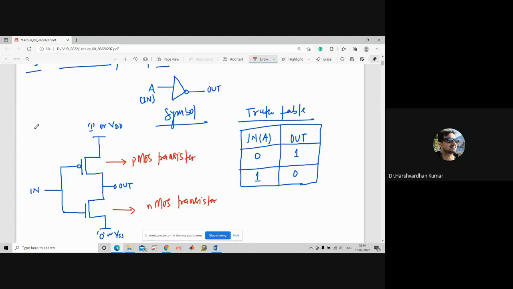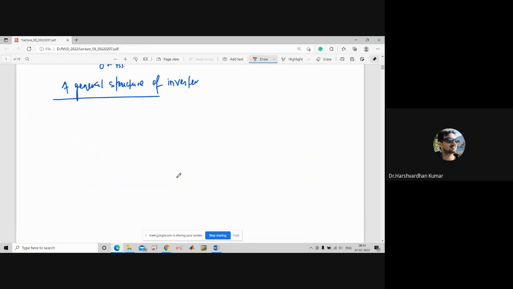Exactly. That's why, if you remember in the first lecture, I already explained the symbol. Here, see, this is a bubble, right? So if you remember the symbol of PMOS transistors, first we need to discuss the symbol of PMOS transistors.